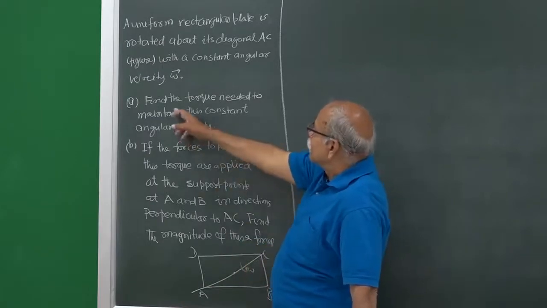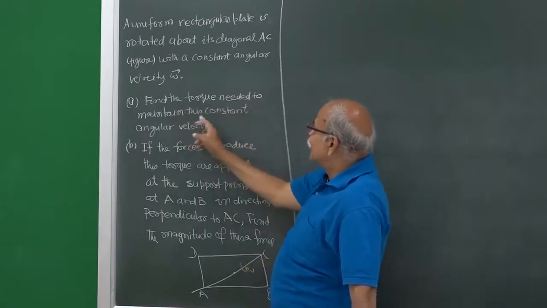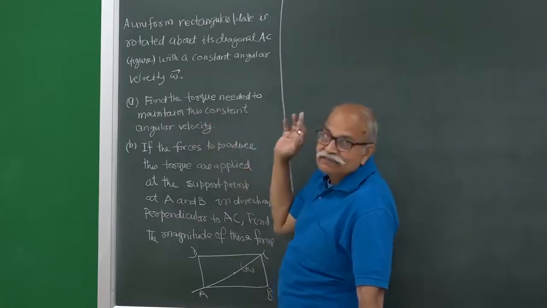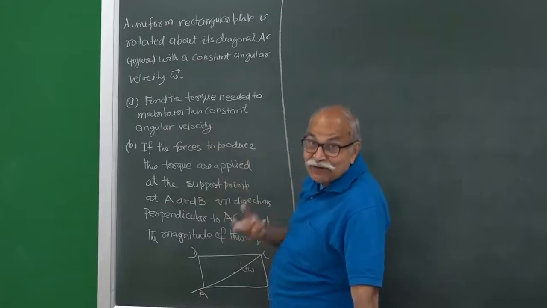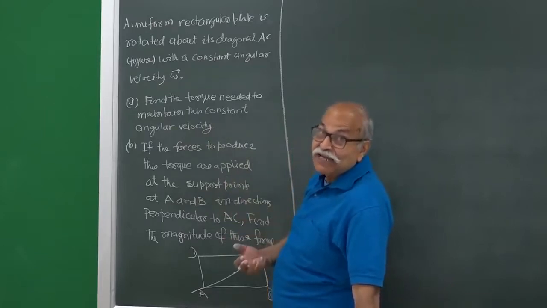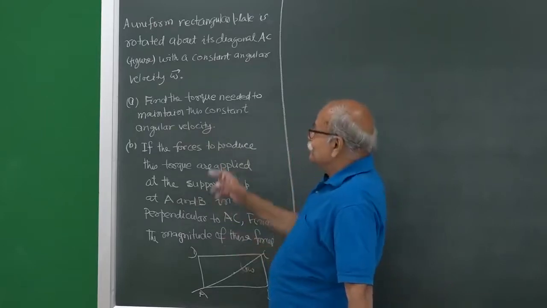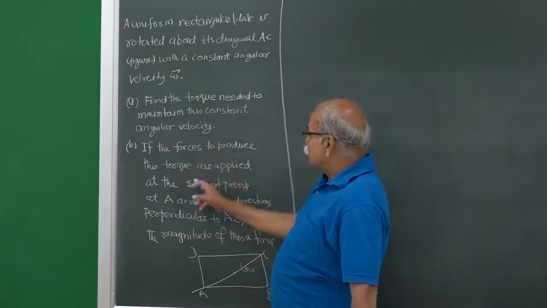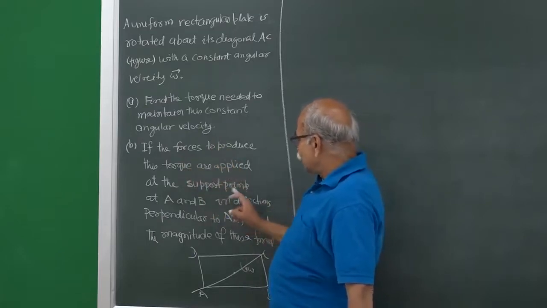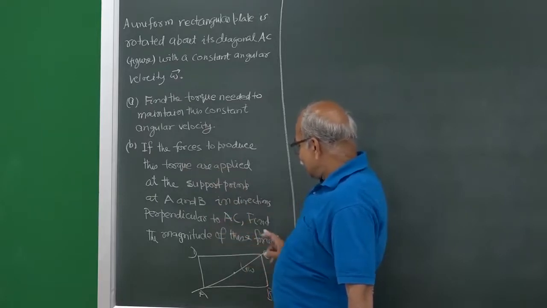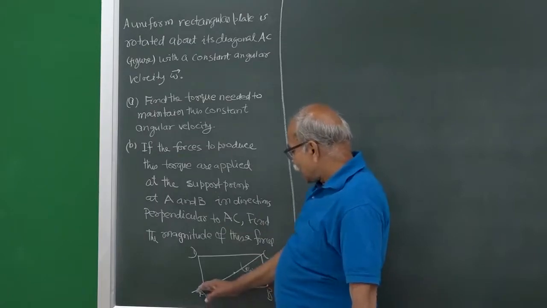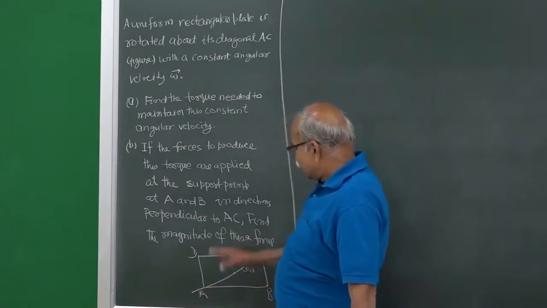First question is, find the torque needed to maintain this constant angular velocity. You know, even for maintaining uniform constant angular velocity, sometimes you need torques. If the forces to produce this torque are applied at the support points at A and B in directions perpendicular to AC, find the magnitude of these forces. So, if the forces are applied here and here, then you have to find the magnitude.